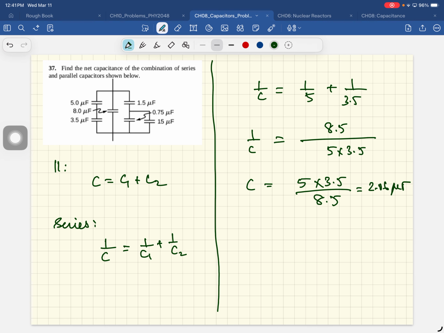That's 2.06 microfarads. Okay. So what we have is this circuit reduces to, so this is 2.06, that is 8, and they're all in microfarads.